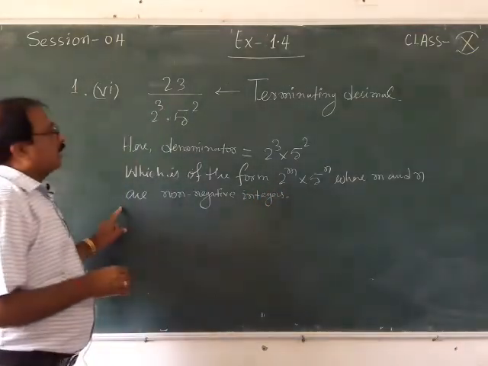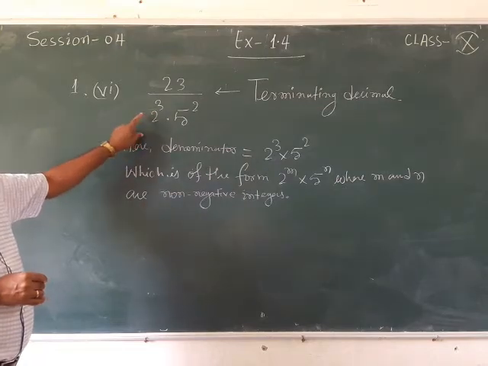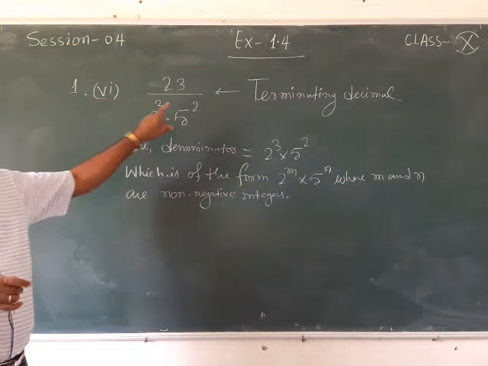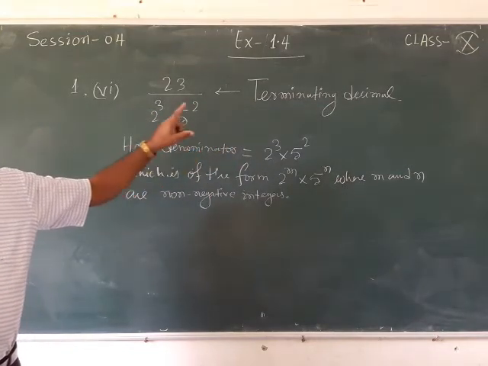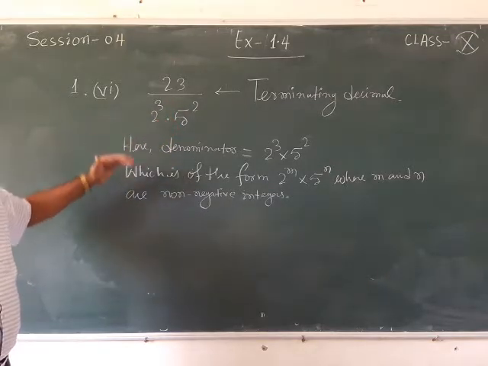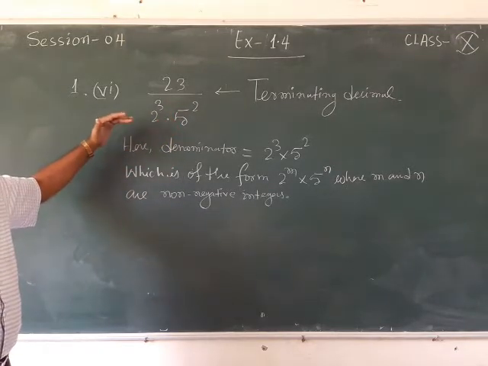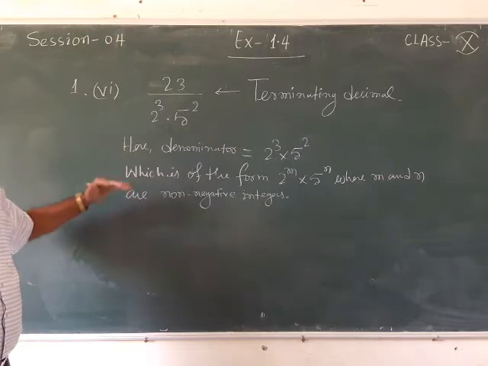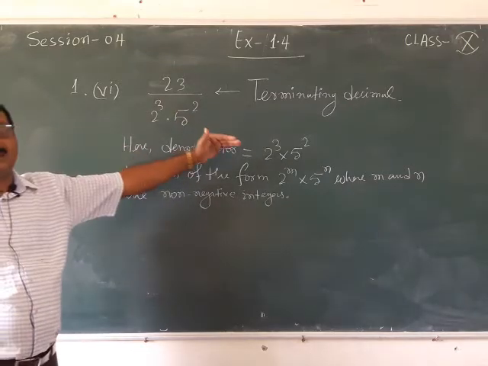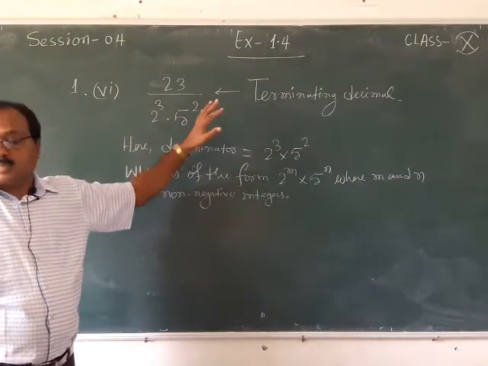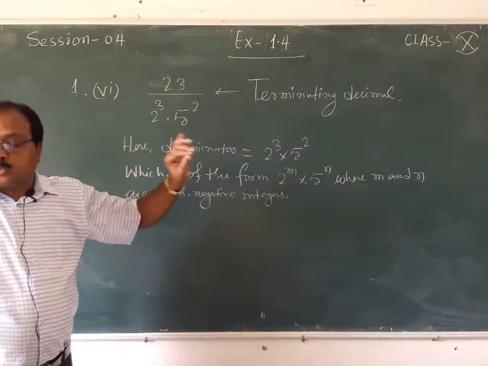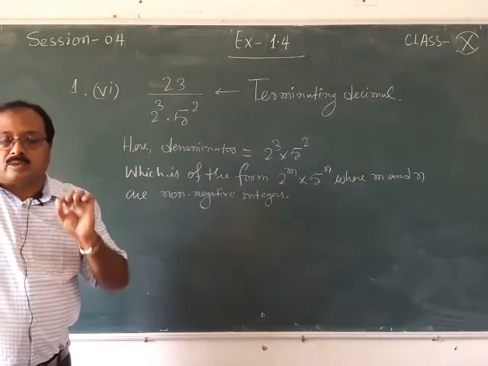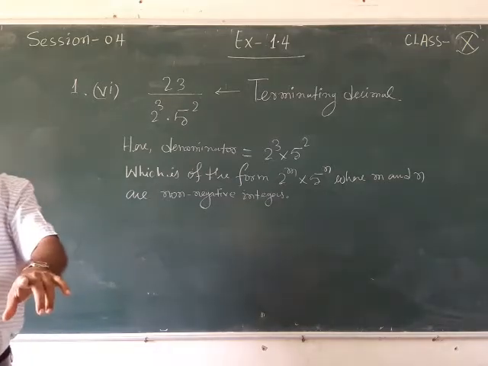So this is the reason why I am telling that this rational number is a terminating decimal. You can write it like that, and besides that you can write the reason why you gave this answer. I hope that this question number 1 is clear to you all.